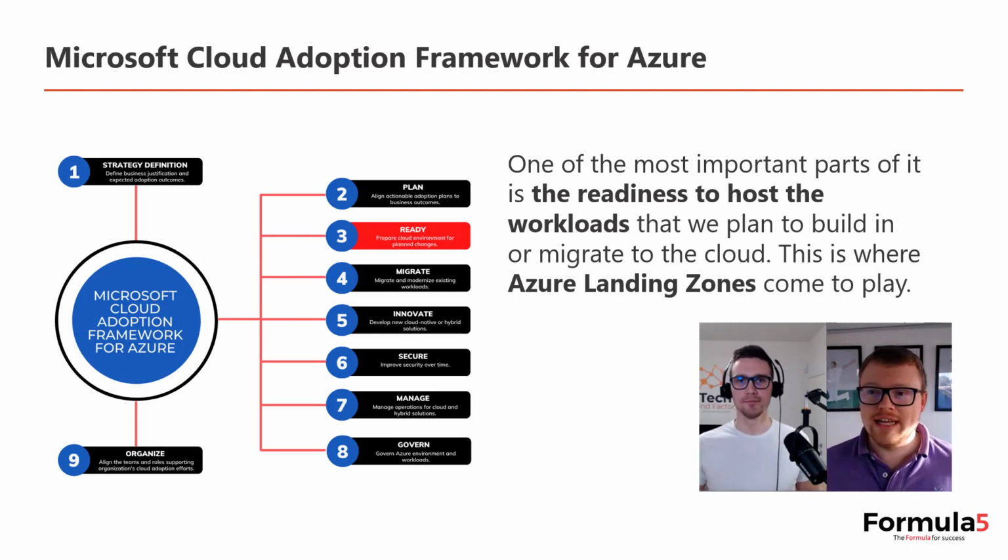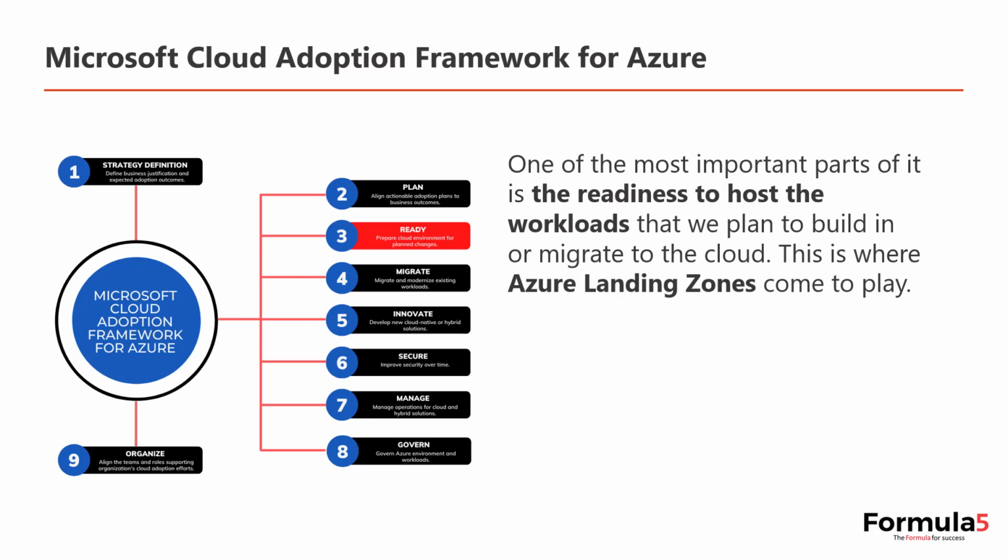And absolutely, Azure Landing Zones sits in the Ready methodology inside of the Cloud Adoption Framework. So it is the reference architecture for your landing zone, hence its name, inside of the Ready pillar. When you're looking to set up your platform, you'll find Azure Landing Zones there, ready and waiting for you. Perfect. Thank you so much for the explanation, Jack.